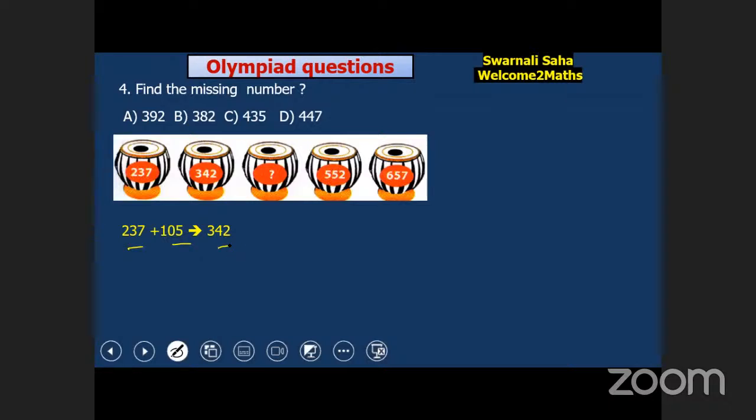The same way, 552 and 657, the difference is 105. That means 552 plus 105 is 657. So similarly, whenever we add 342 plus 105, we'll get 447. And that is the answer, 447. Okay? So D is the answer, 447.